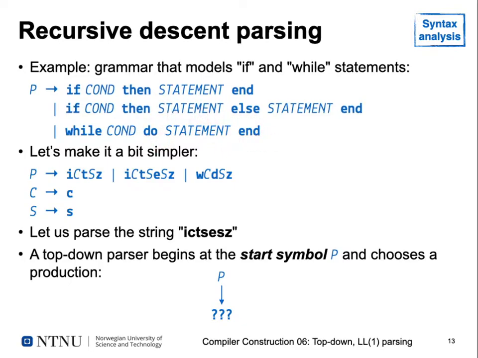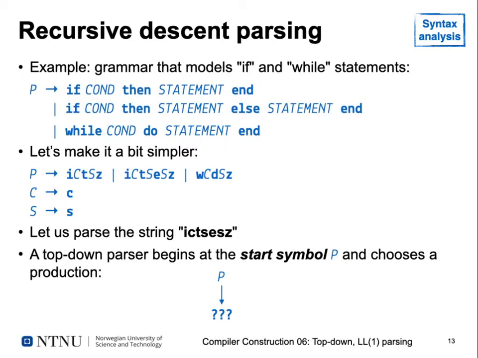Now in order to type a bit less, we can shorten this, but it has the same meaning. So let's say we go from P to i, non-terminal symbol C, terminal symbol t for then, non-terminal symbol S for statement, and then the end we encode as z, just for saying we're finished.